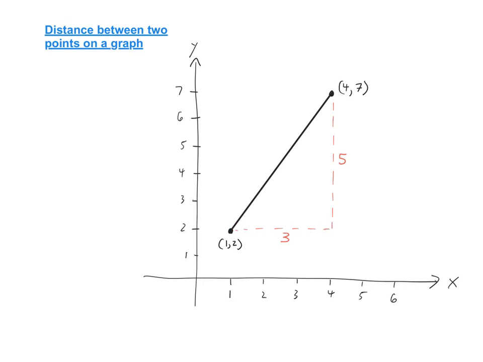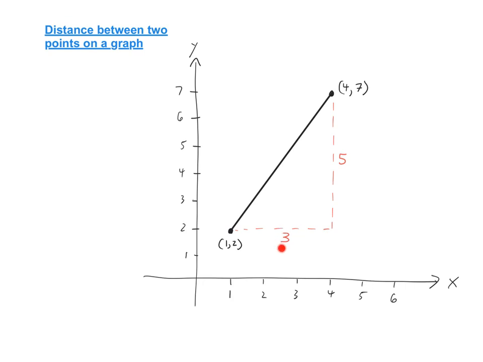In other words, we had to move over 1, 2, 3 units. To move from here up to here, we're starting at a height of y equals 2, the y coordinate of the first point, and we have to climb up all the way to the 7, y equals 7. So in other words, we had to climb up 1, 2, 3, 4, 5 units.